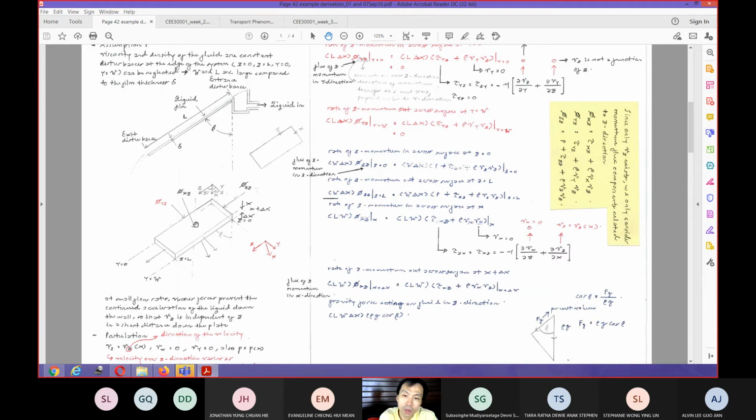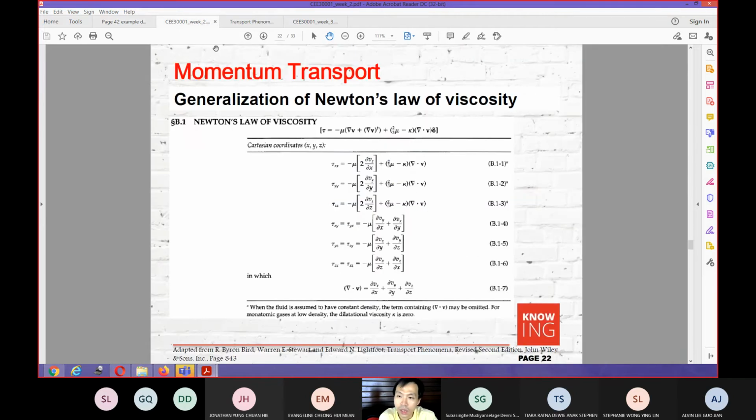The force will be multiplied by this particular rectangular area L multiplied by W, and when we break it down into the contributors, we will get this one, and then this one. Now we can go and inspect this one. This tau ZX, tau XZ is something that is explained with this one here, right?